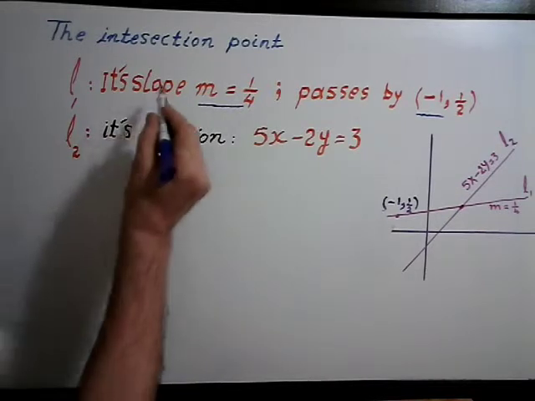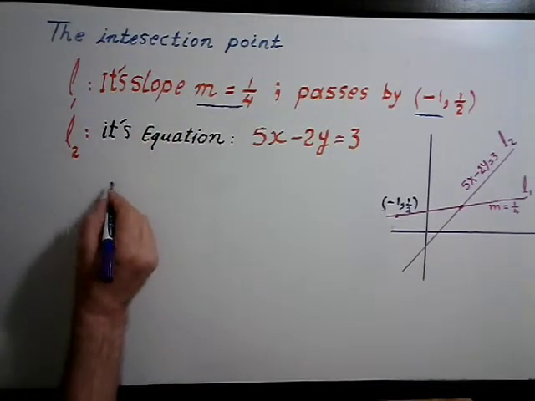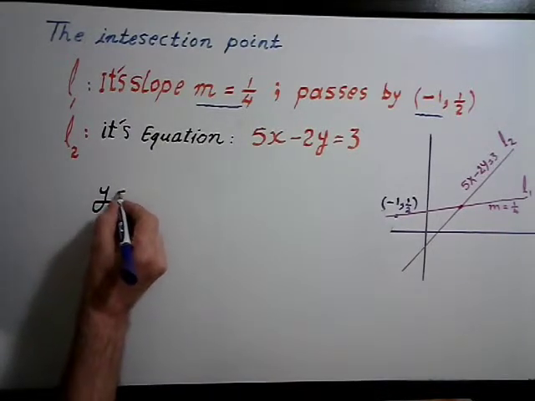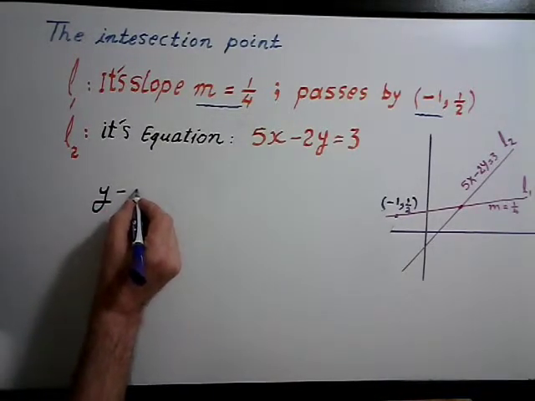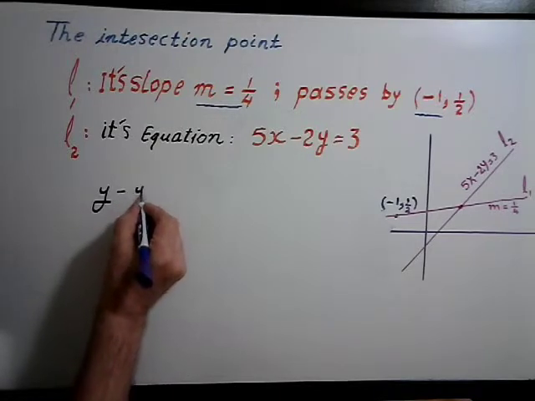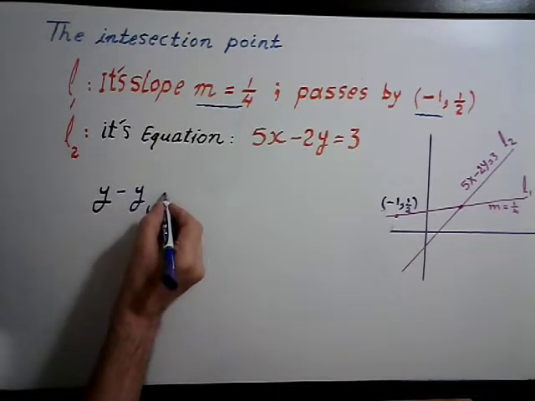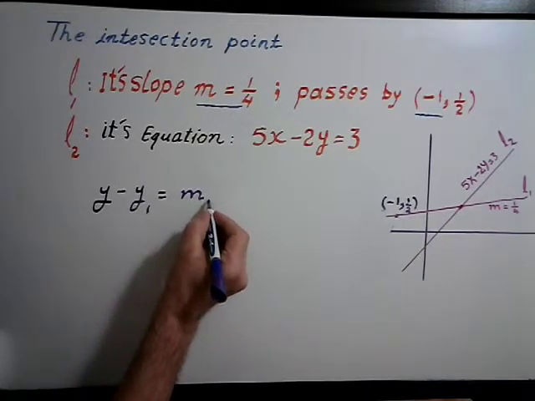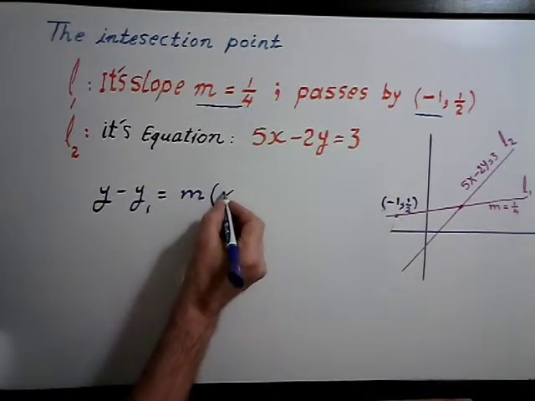To find the equation for the line L1, I use the rule: the equation of the line is y minus y1 equals m times x minus x1.